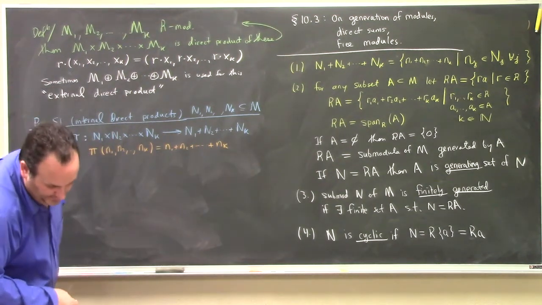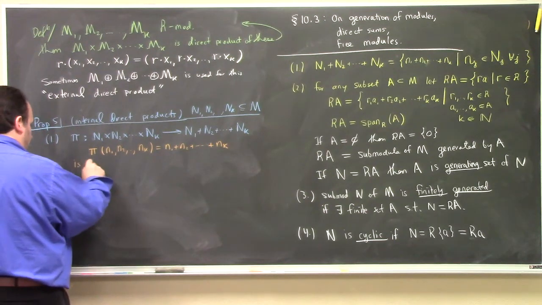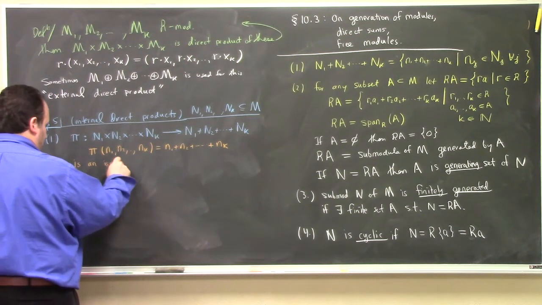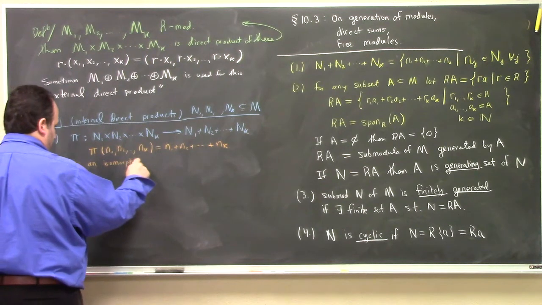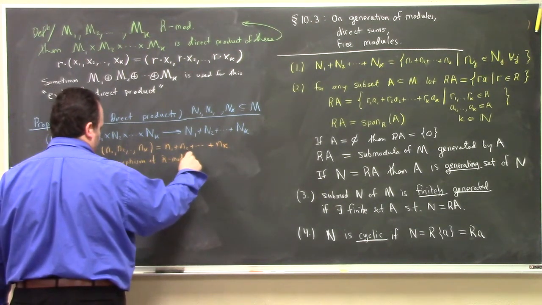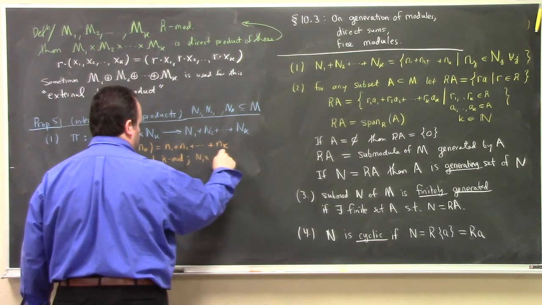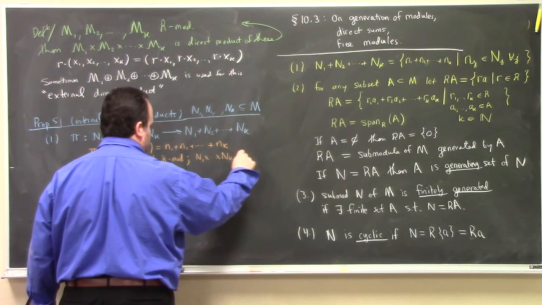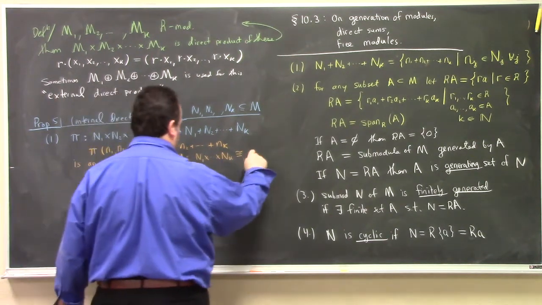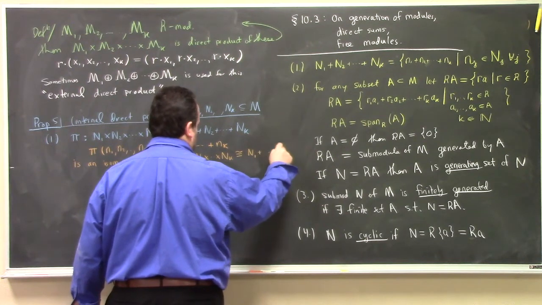Is an isomorphism of R modules. In other words, N1 cross ... cross NK is isomorphic to N1 plus ... plus NK.